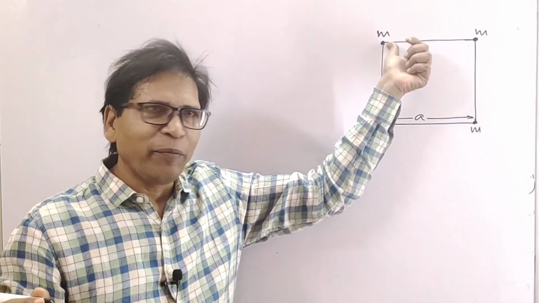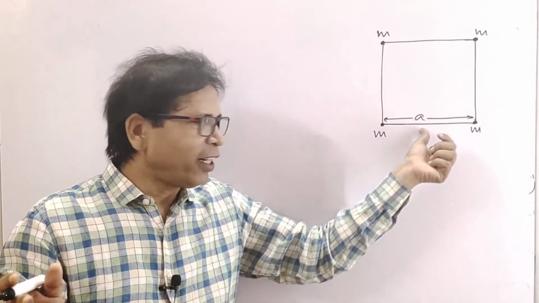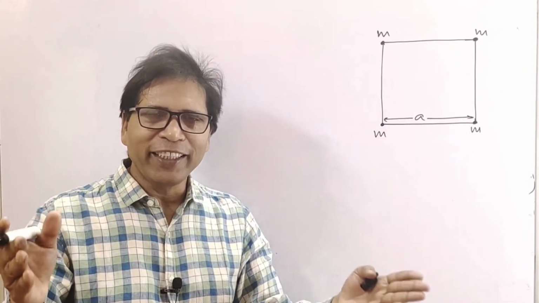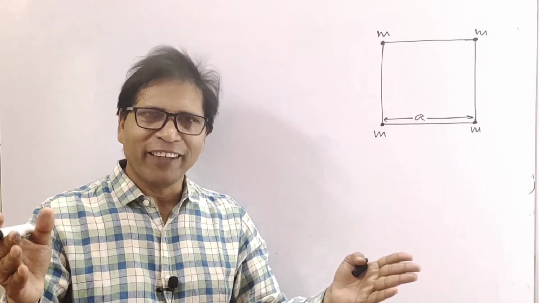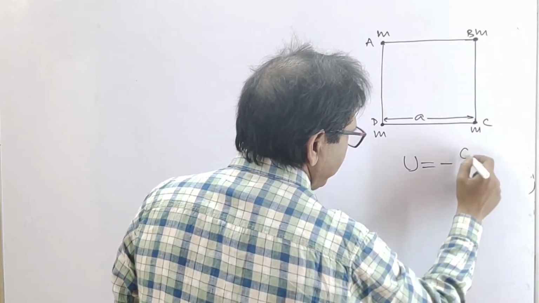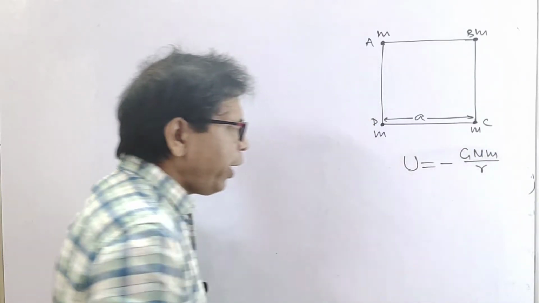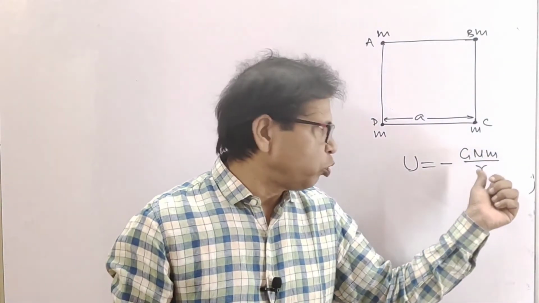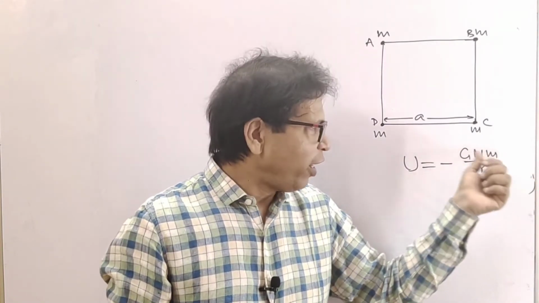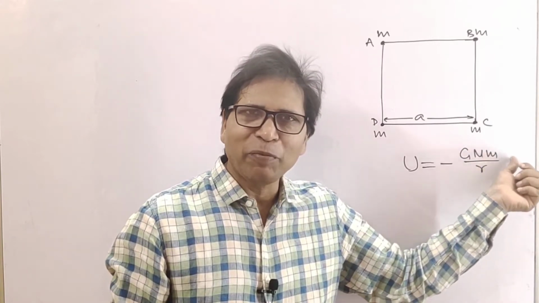Four masses M, M, M, M are placed at the vertices of a square. We have to calculate the potential energy of the system. Okay, now the expression of potential energy is minus G capital M small m divided by R, where R is the separation between the two masses capital M and small m.